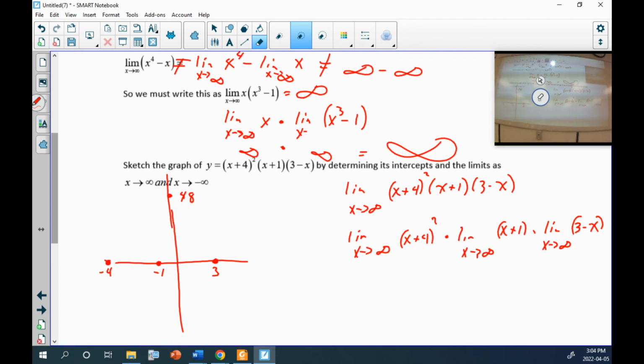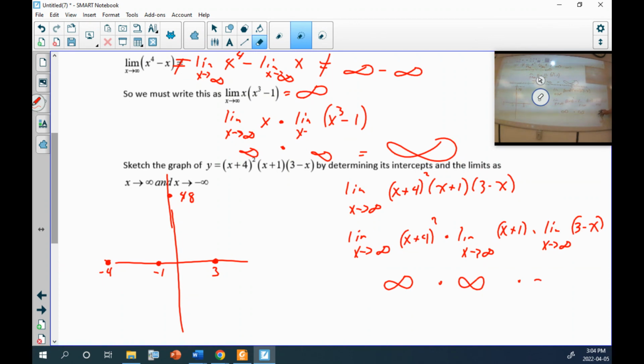So, what happens if I plug infinity into this? I get another version of infinity. What happens when I plug infinity into this guy? I get a version of infinity. What happens when I plug infinity into this one? Right, negative.